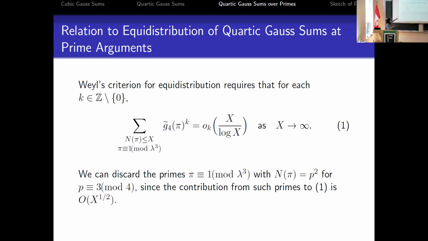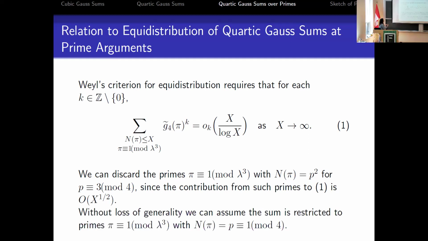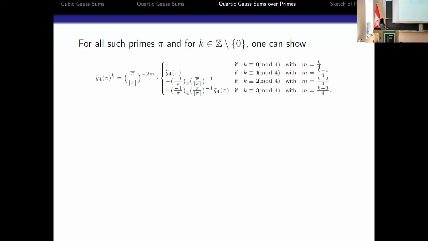Now, this particular case, when the norm of pi is p squared, we're just going to discard these primes because there aren't so many of them anyway, and they contribute big O of x to the 1/2 to that sum. So let's just assume that here we're summing over primes pi whose norm is a rational prime p congruent to 1 mod 4. And in this case, one can verify that the kth power of the quartic Gauss sum evaluated at pi has this nice closed form.